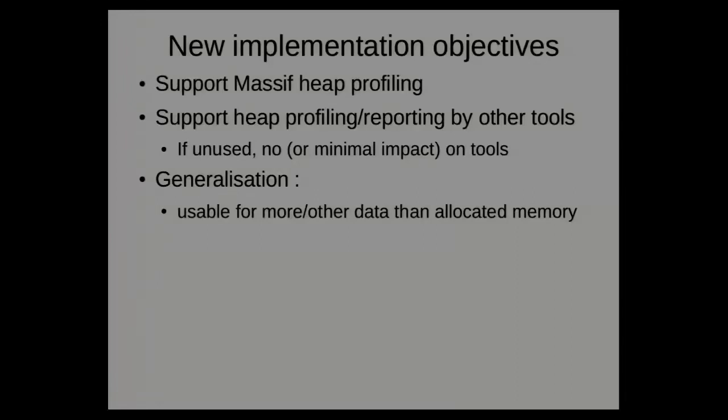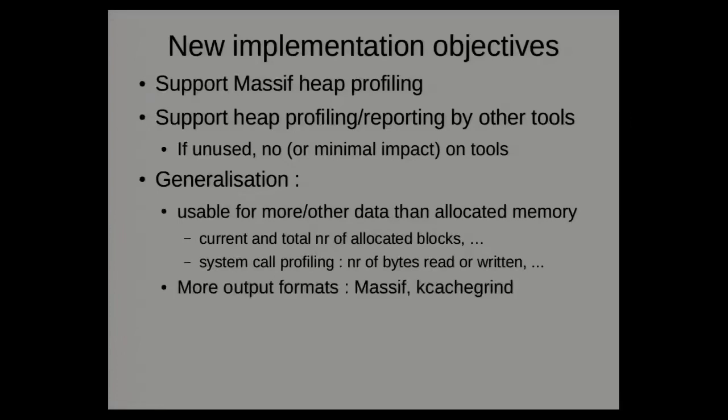The massif execution point only records a size, and the new implementation here can record variable things. So that's an example of what can be stored. Also, I want to have more output formats. The massif 3.12 only produces the execution tree in the massif output file, and one objective was to output the same kind of data, but in a KCachegrind callgrind format.